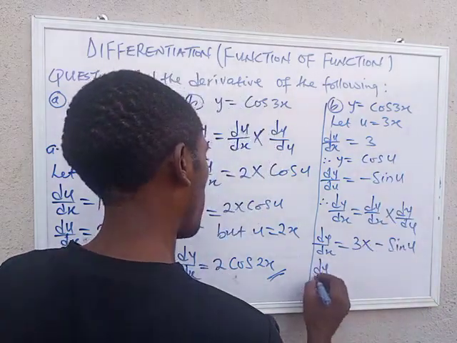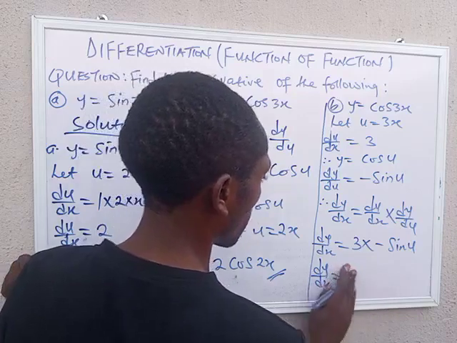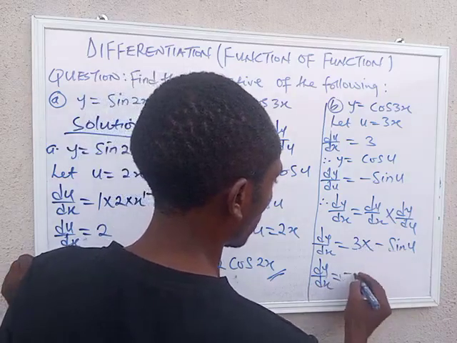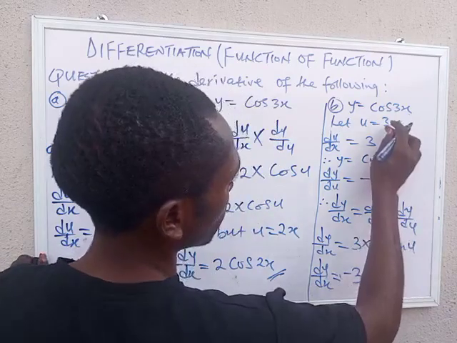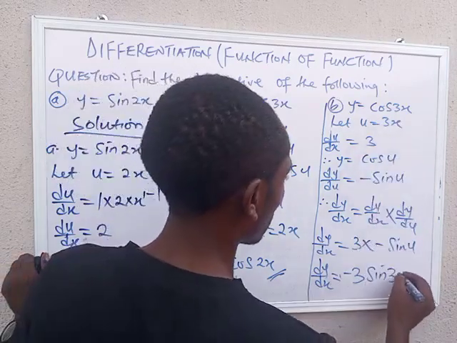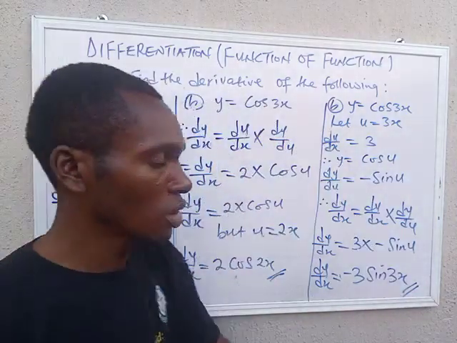So we have dy over dx equal to minus 3 sine u, which is the same thing as minus 3 sine 3x. This is our solution to this question.